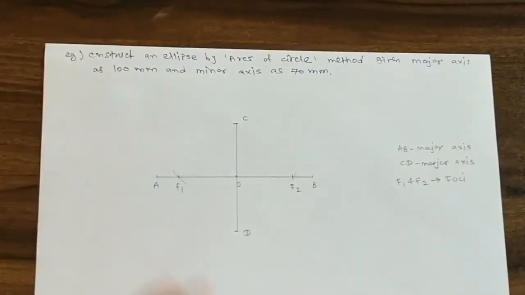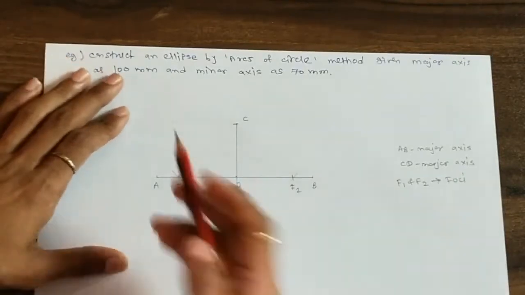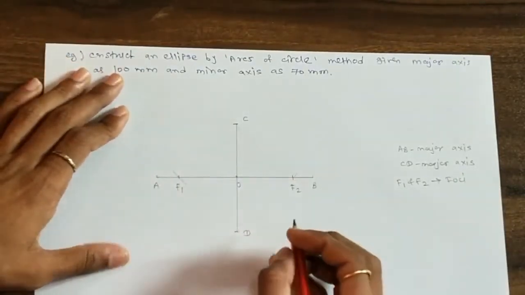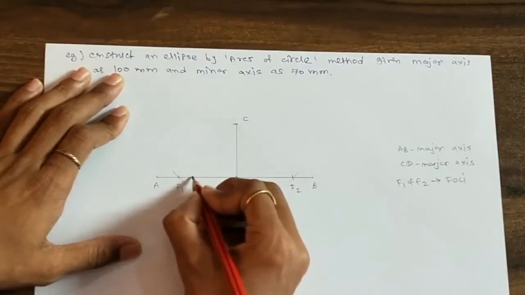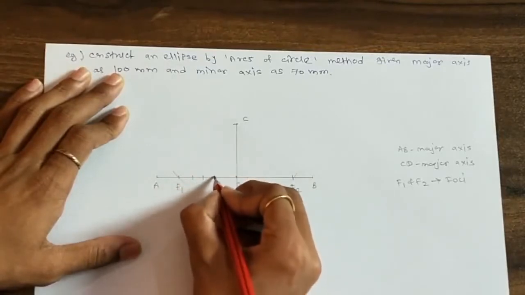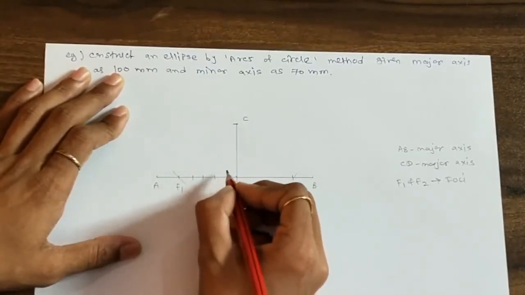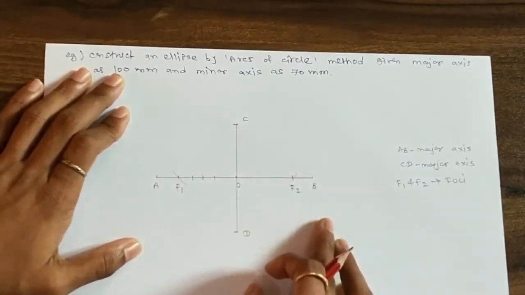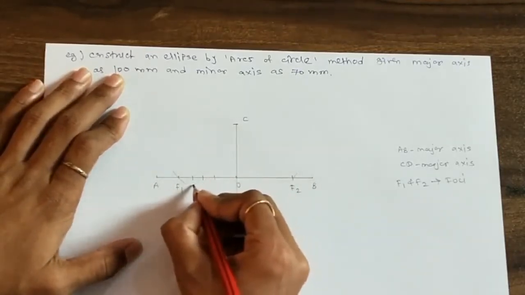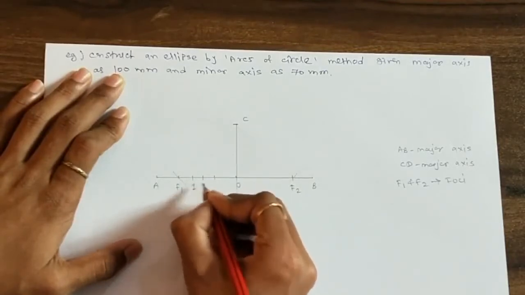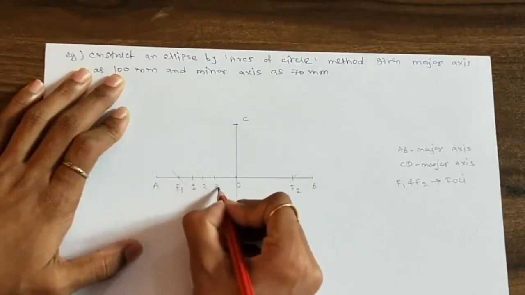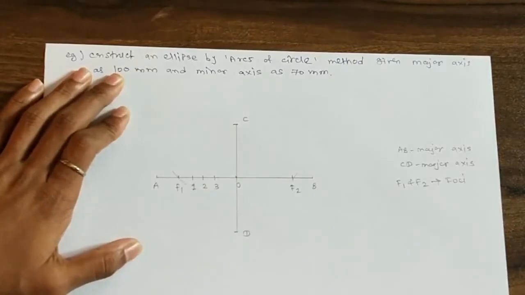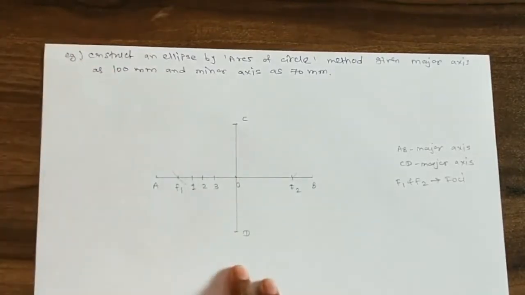Now divide this F1O distance into 4 parts. We can take 3 parts also. So I am dividing this distance into 3 parts. So 1, 2, 3. Take any random points 1, 2 and 3.